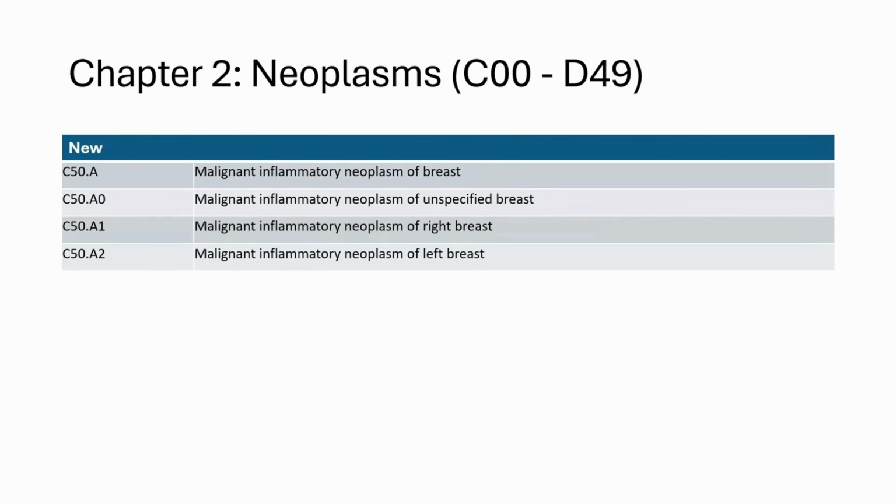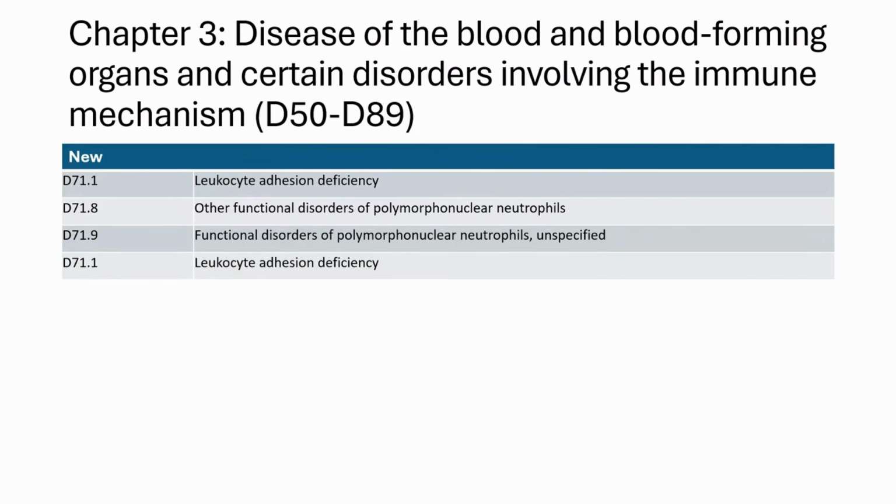Chapter 3, one theme this year was abnormal lab findings tied to conditions like autoimmune disorders. For example, new codes capture abnormal rheumatoid factor or anti-CCP antibodies without clinical RA. The committee emphasized that these patients may not yet have arthritis, but their labs put them at a higher risk.